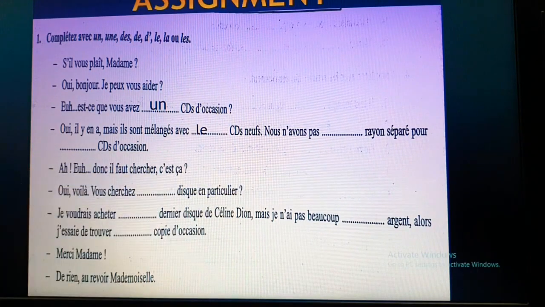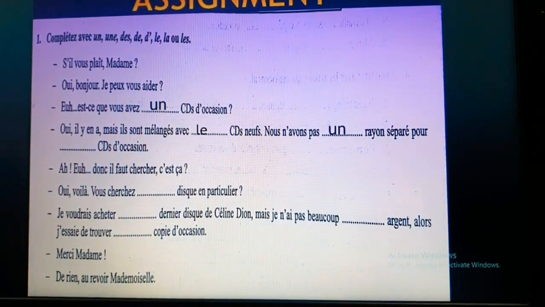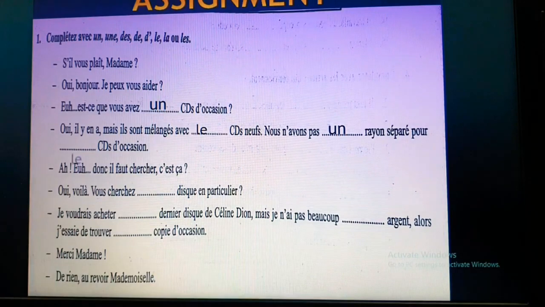So what will come here? It will be article indéfini, a separate section, not a particular one she's talking about. I don't have a separate section for the CD d'occasion.